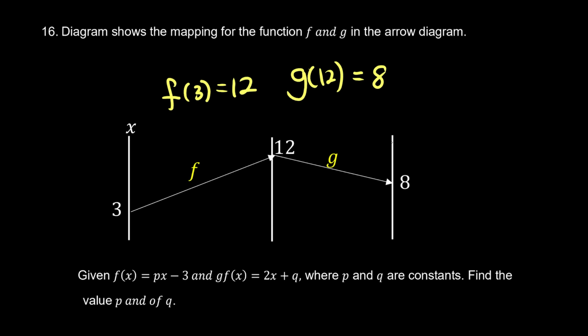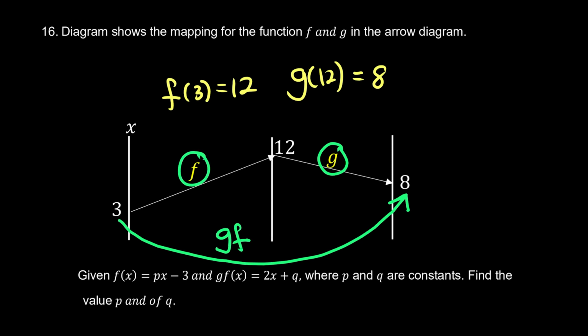Is there anything else? Yes. Don't forget that we also learned about composite functions, where we can do a shortcut. How to write the shortcut is we reverse it. Start from g, f, x. This is how you write down the composite function. Because we need to settle f(x) first, which is at the front part here, and put it into g.